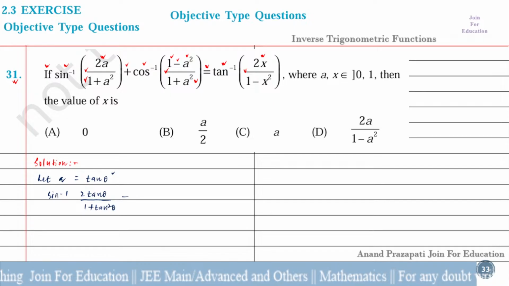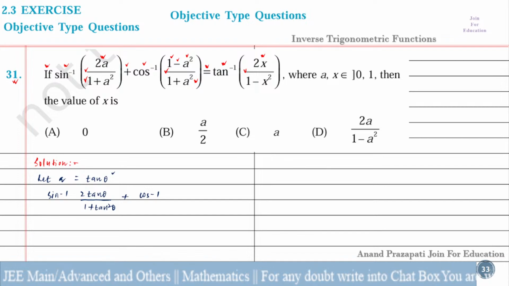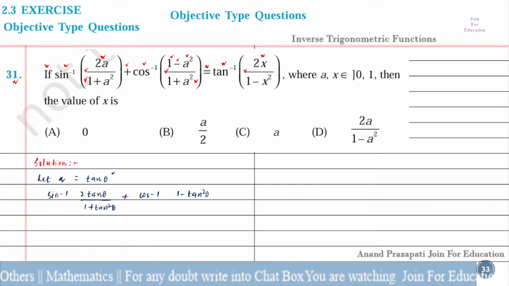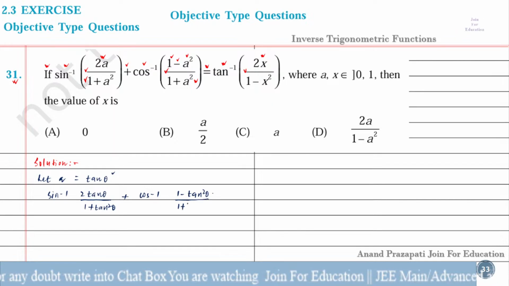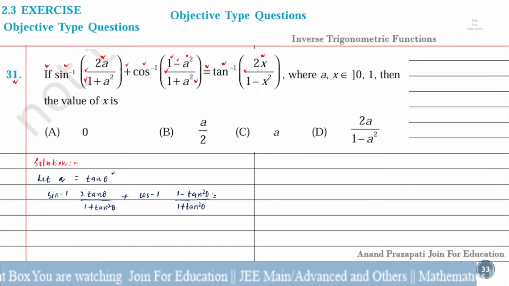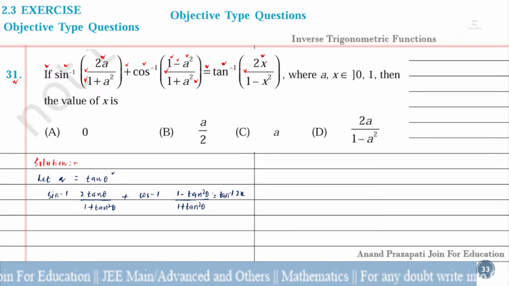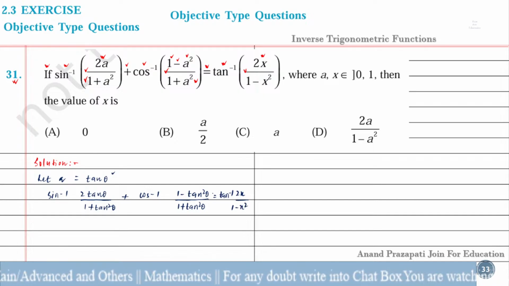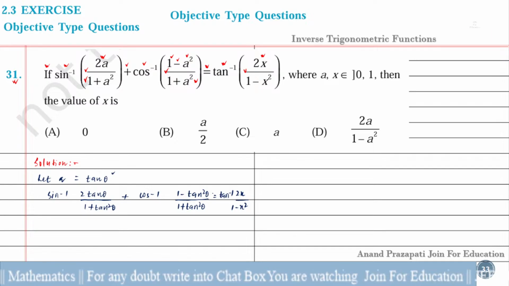We write plus cos inverse 1 minus tan square theta by 1 plus tan square theta equals tan inverse 2x by 1 minus x square. Hope there is no problem understanding up to this step.